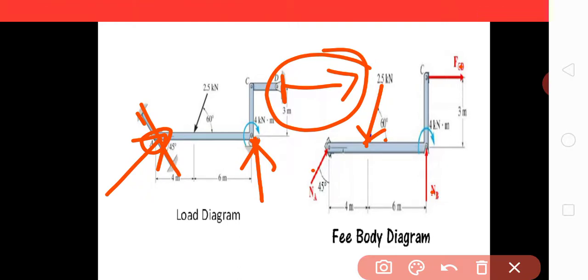But in engineering mechanics, for a rigid body, what do we want to show? We want to show the support reactions, the weight of the member, and the external forces. Here in this expression, the weight of the member is also being neglected.